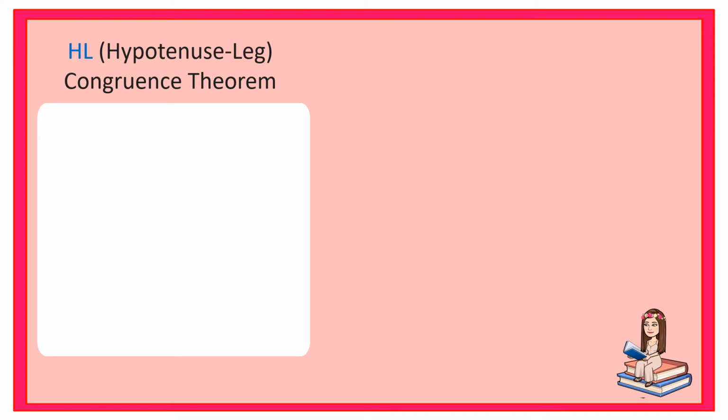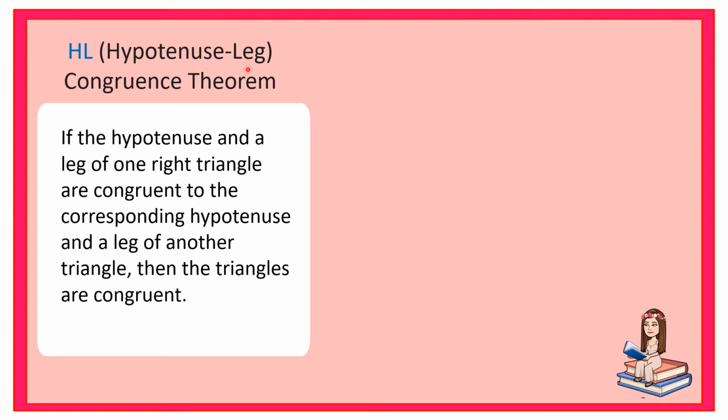We also have the hypotenuse-leg congruence theorem. Hypotenuse-leg, HL, kaya HL. Okay, nandun lang naman sa mga first letters yan. So let's have this thing. If the hypotenuse and a leg of one right triangle are congruent to the corresponding hypotenuse and a leg of another triangle, then the triangles are congruent.